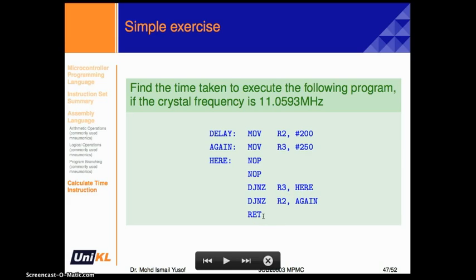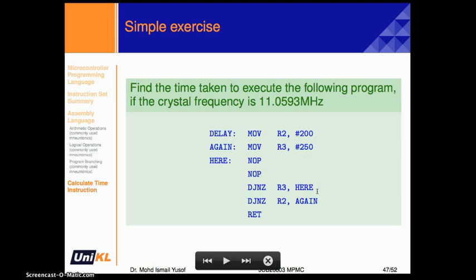Okay. If you observe here, we have two DJNZ instructions, where the first DJNZ will go to here, which is this one, and the second DJNZ will go to AGAIN, which is this one.